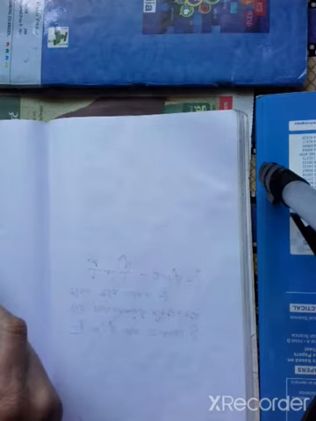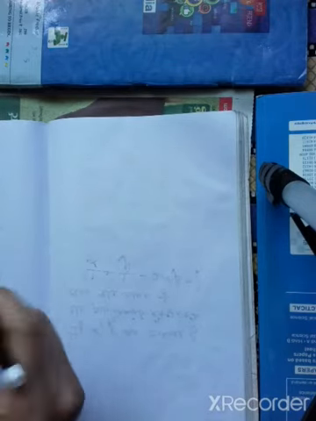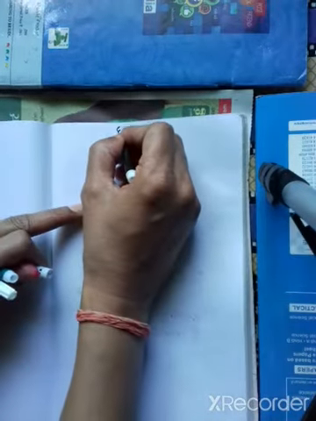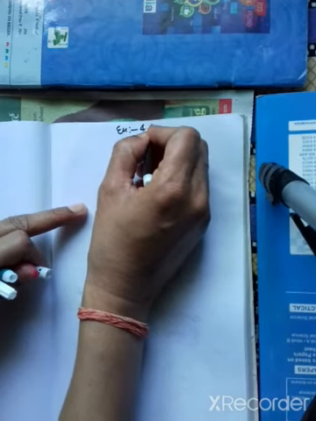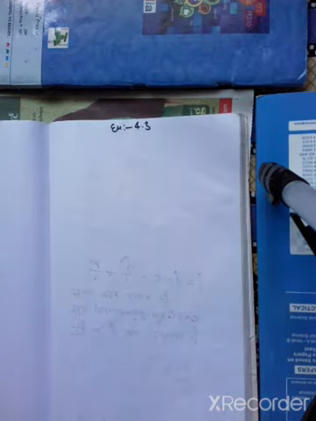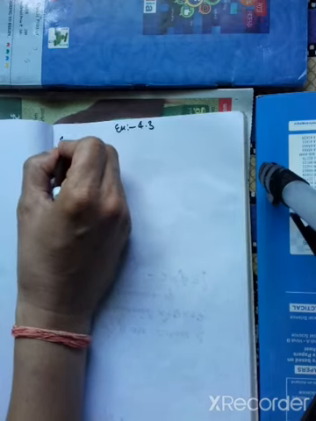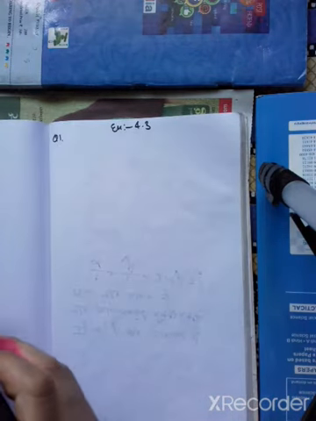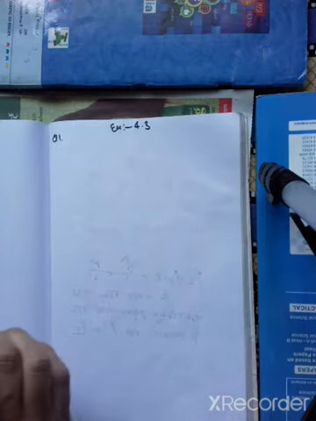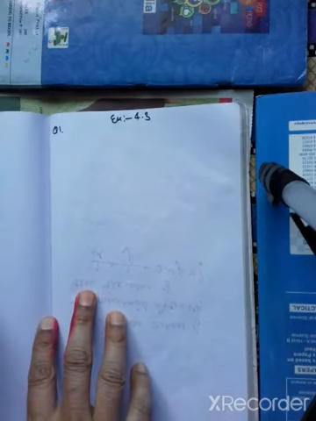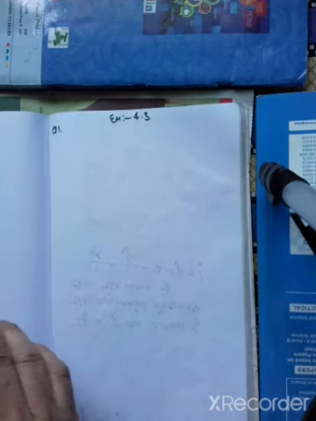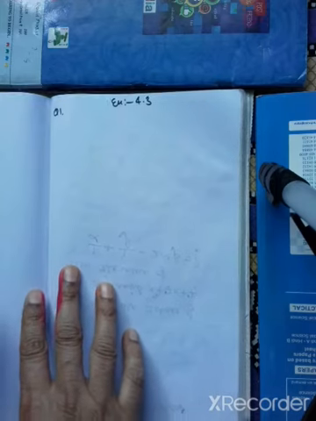Okay, now let us discuss a few questions from exercise 4.3. Question number 1. Find the roots of the following quadratic equations, if they exist, by the method of completing the square.